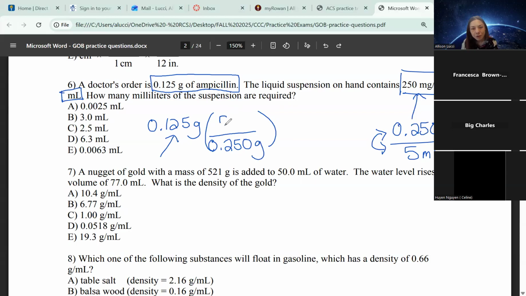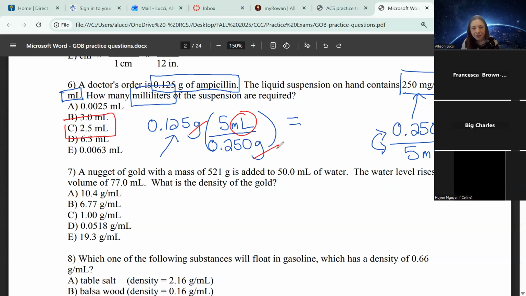And then I'm going to multiply by milliliters. And I see that that's what I'm looking for here. How many milliliters do I need to dispense or should be given to the patient here? So I want my units to cancel, grams do. I end up with milliliters. So I would divide 0.125 by 0.25, and then you would see that that's a half. So 1/2 times 5 gives me answer choice C here. So 2.5 milliliters would be perfect for this patient.